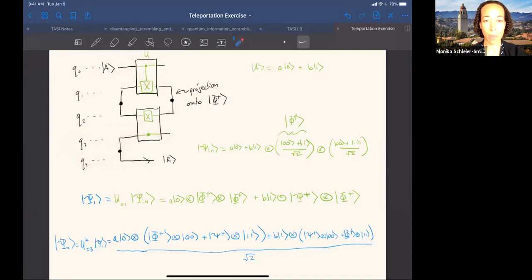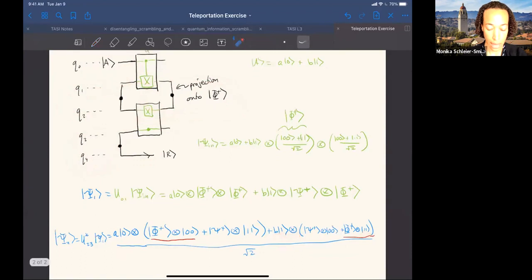So if we project onto the middle pair of qubits still being in the EPR state it started with, the relevant parts always have Q3 and Q4, in the standard basis of the 0 and 1 states, with the same value as Alice's qubit.